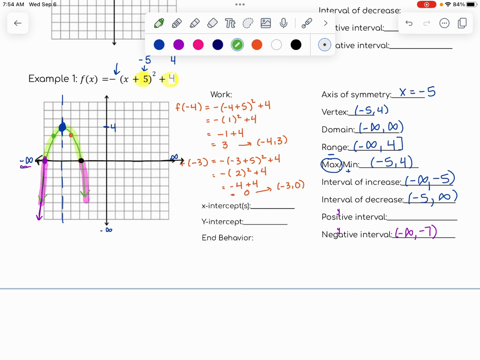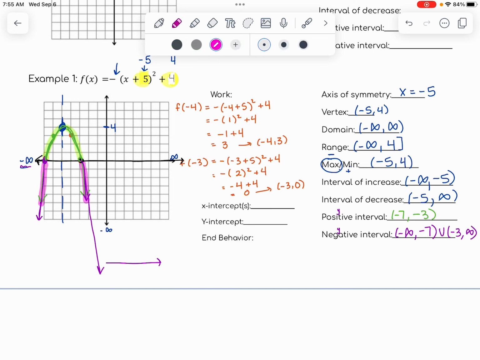Then on the other side of -7, it starts the positive interval. So we've got -7, and it stays positive until x gets to -3. Then, on the other side of -3, we become negative again. So we put the union there, -3, and it continues negative forever and ever. But remember, this is moving to the right, so until +infinity.